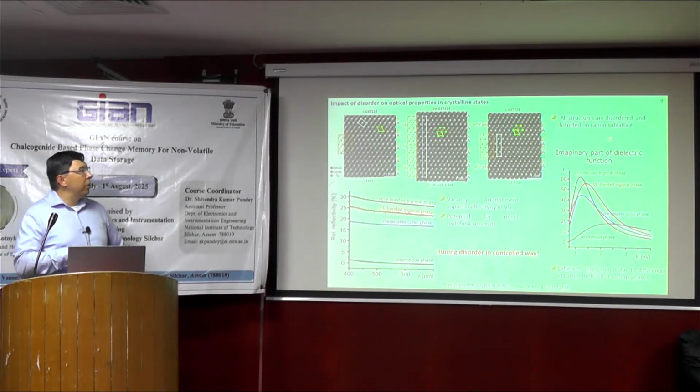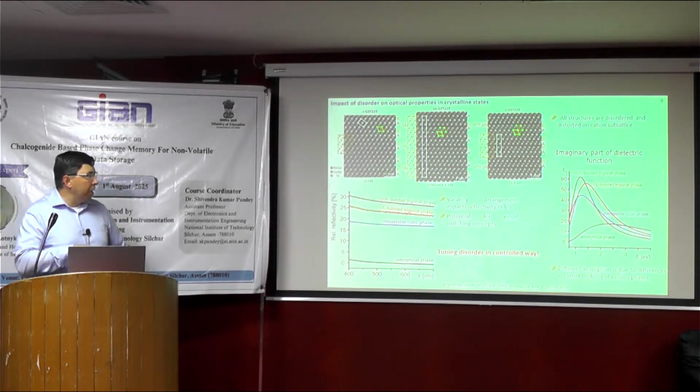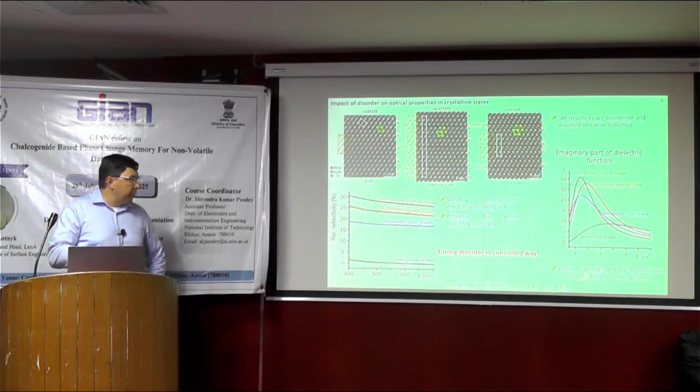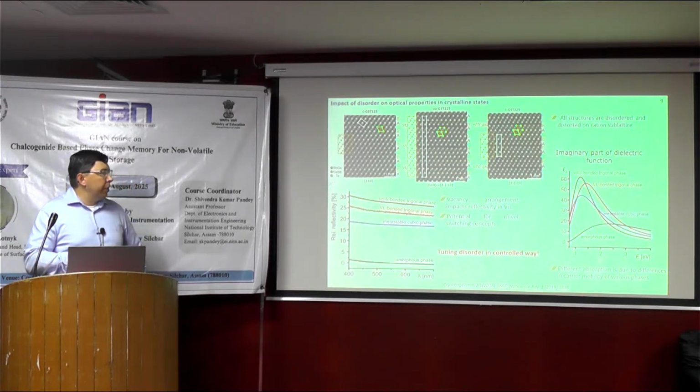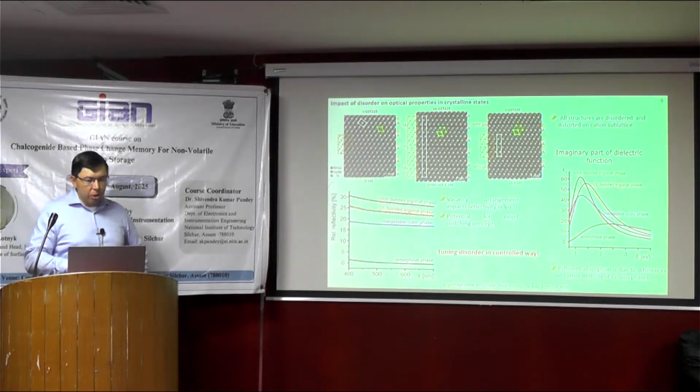The imaginary part of the dielectric function is also different for amorphous and crystalline phases. So again, we have different absorptions, and this is due to differences in carrier mobility of the various phases.